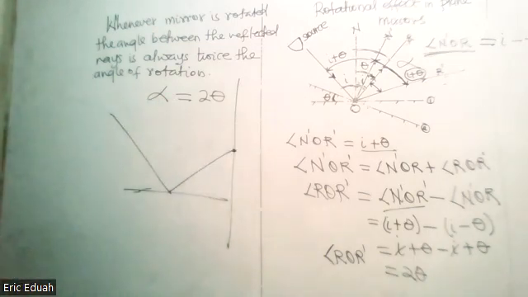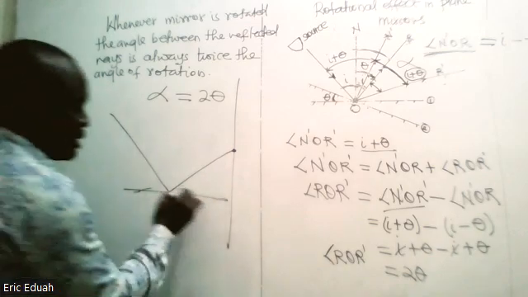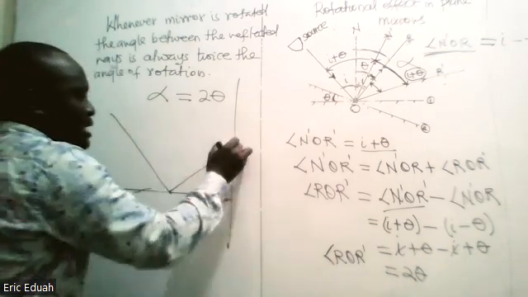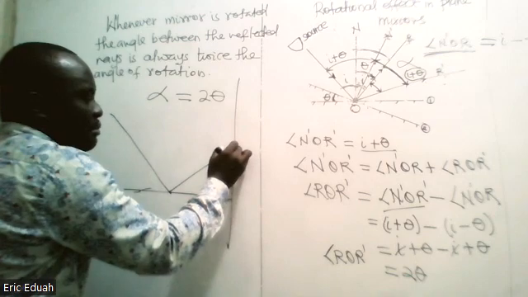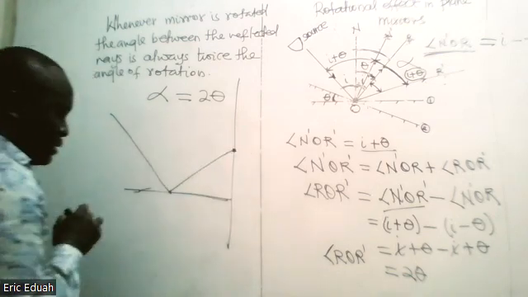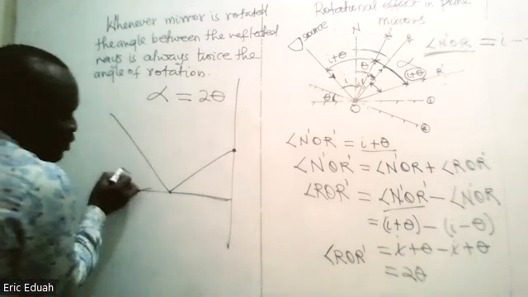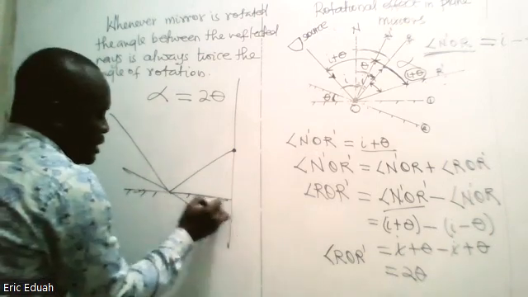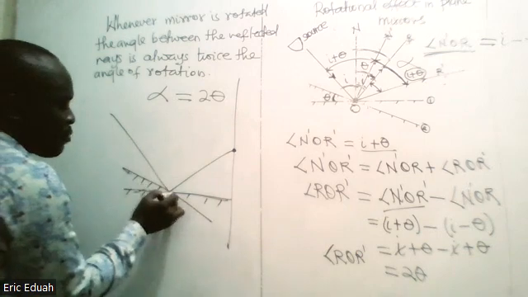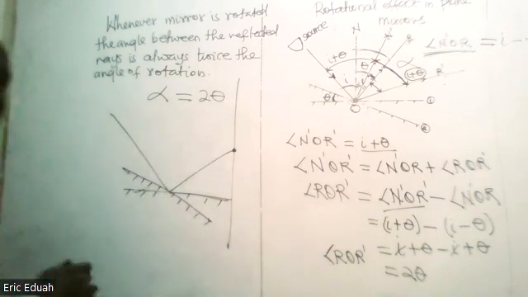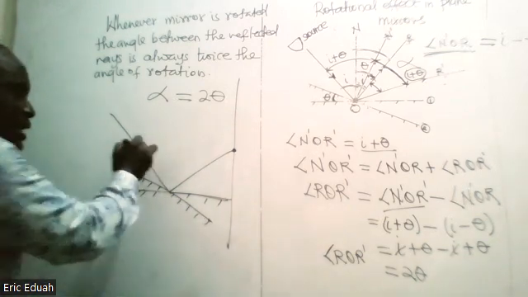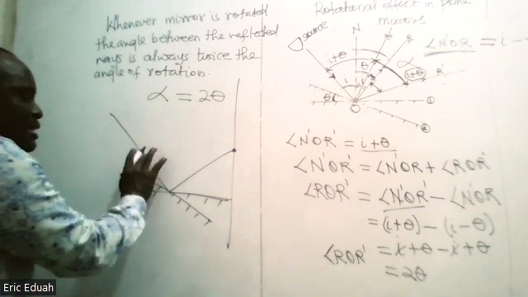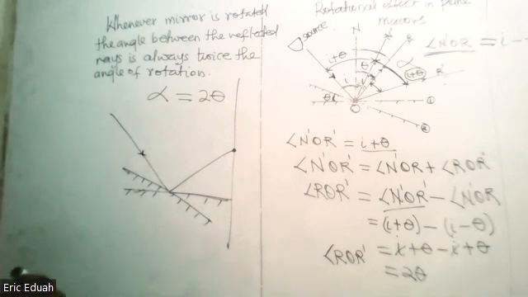Once it's incident on the screen, it will form an image on the screen. The mirror is rotated. Don't forget that reflected rays form the image.